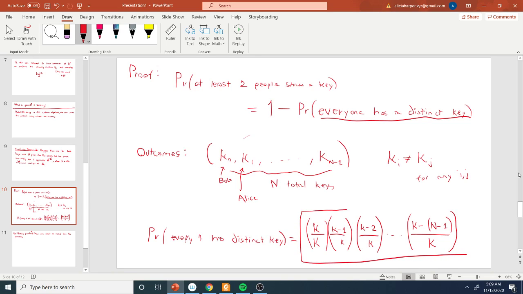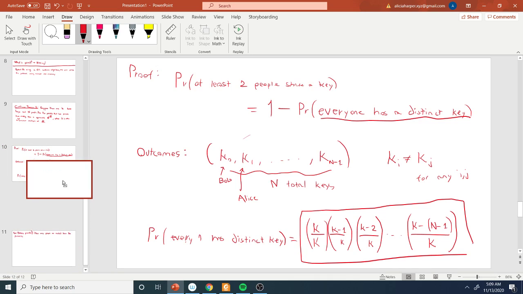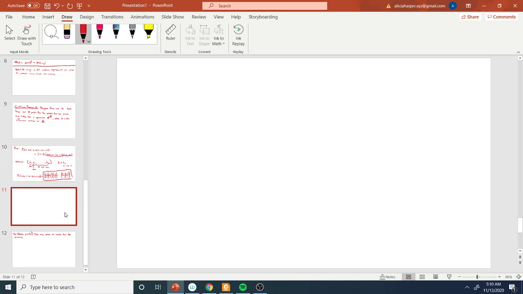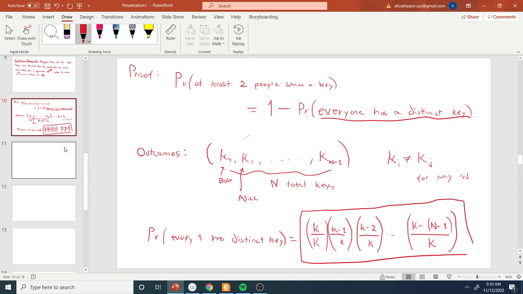So this is the quantity of interest to us. Unfortunately, it's kind of a tedious quantity to analyze. So let's start with some simplifications.